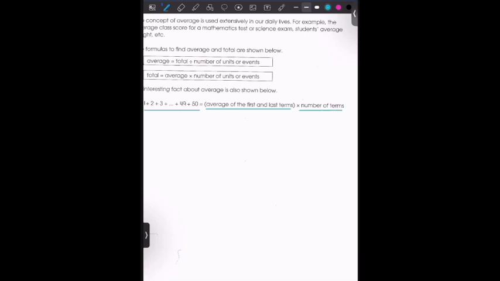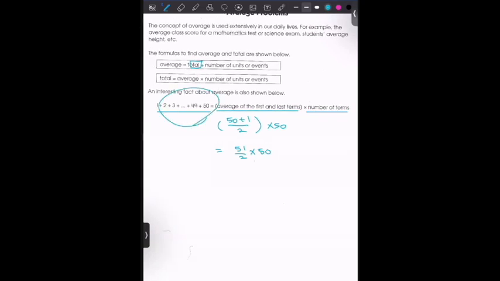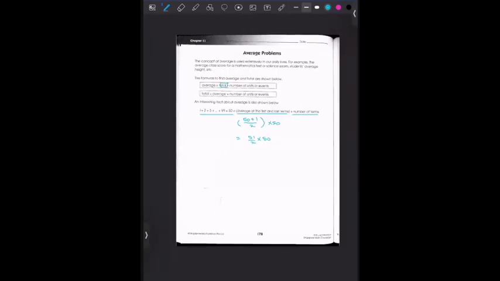So we're going to multiply the average of the first and last terms, which is the total divided by 2, by the 50 terms. And so we have 51 divided by 2 times 50, and that is going to be the sum of numbers from 1 to 50.